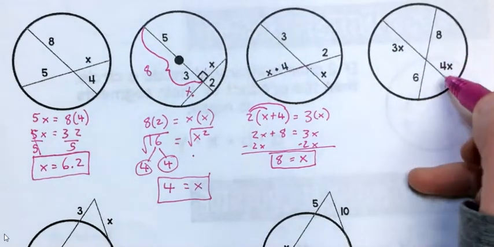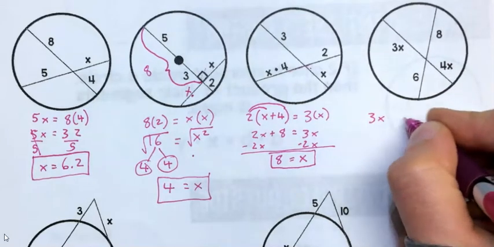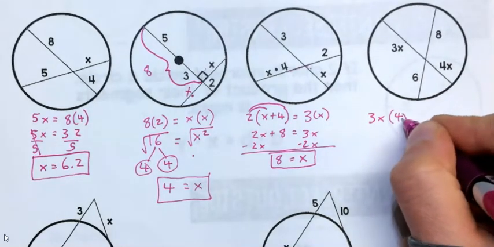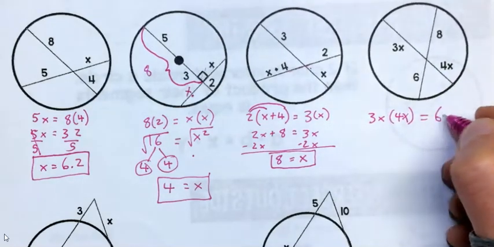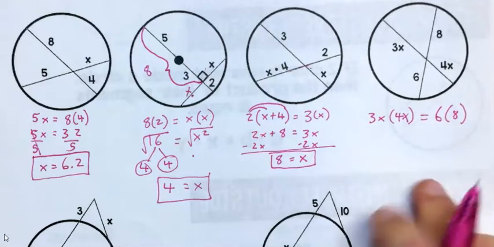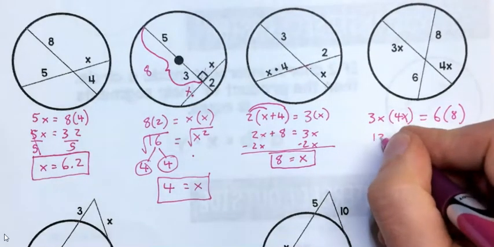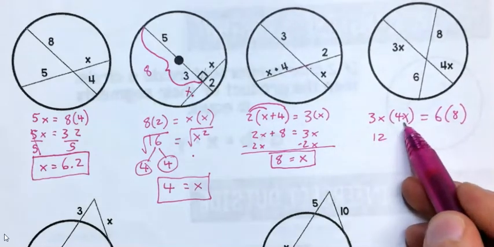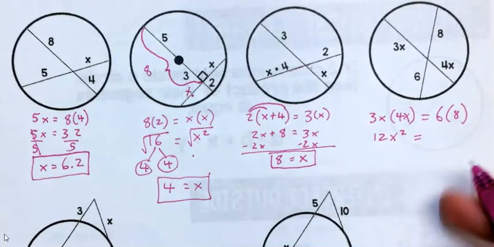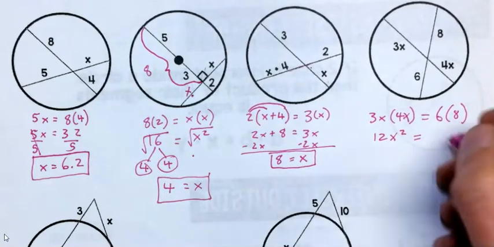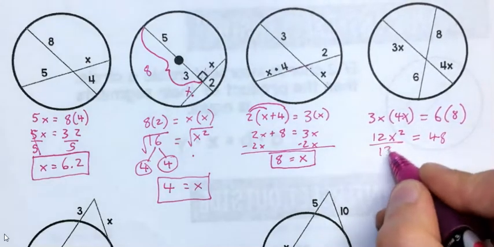And here we have this side times that side, so 3X times 4X is equal to 6 times 8. 3 times 4 is 12, and then I still have this X and this X, so X times X is X squared. 6 times 8 is 48. Divide by 12 on both sides.